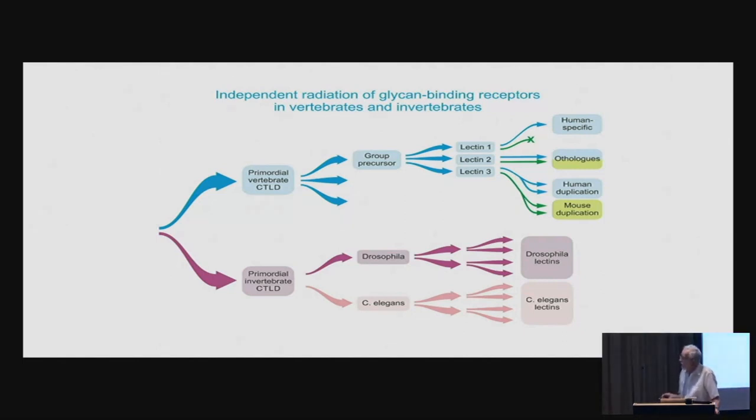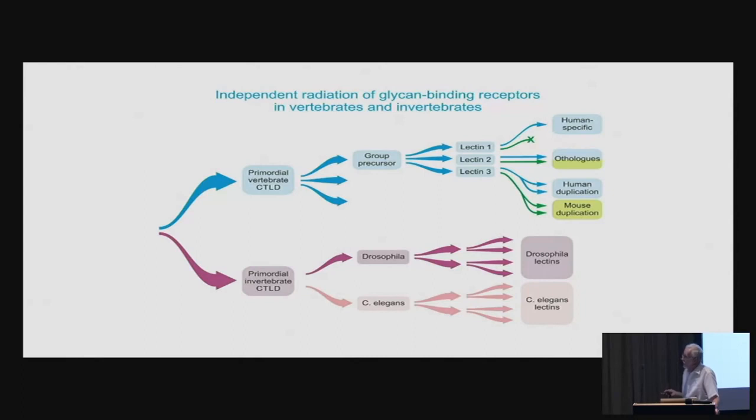But even within the vertebrates, there is some really quite recent swapping around, just as you've seen within the Siglecs, that there is a difference between mice and humans. That is also true in the C-type lectin family. There are examples of certain proteins that occur only in humans or only in humans and very closely related apes.